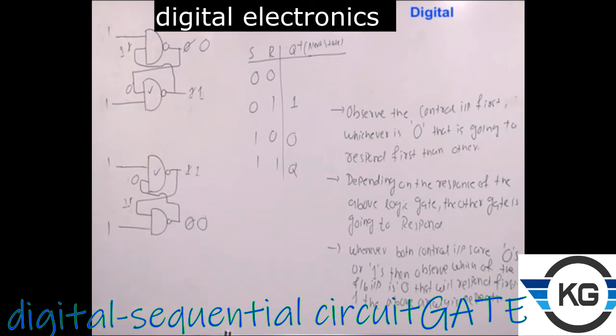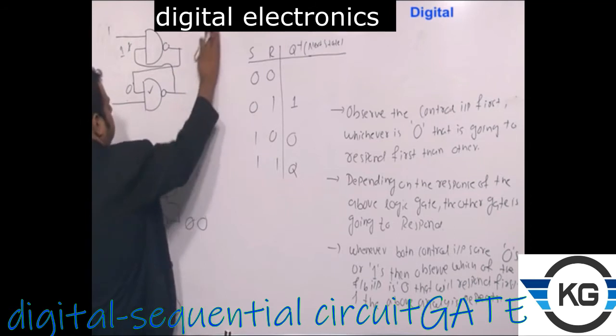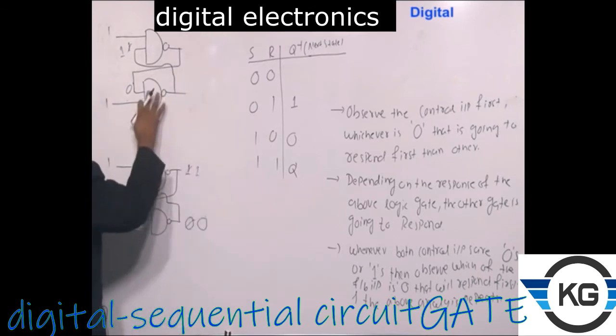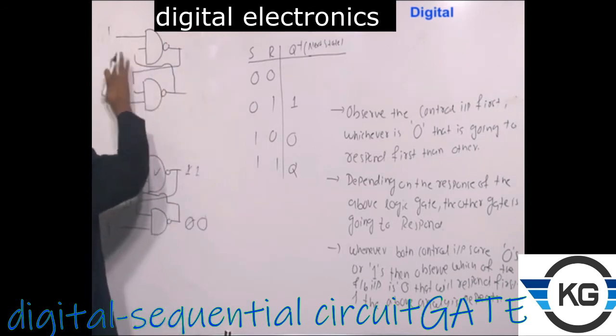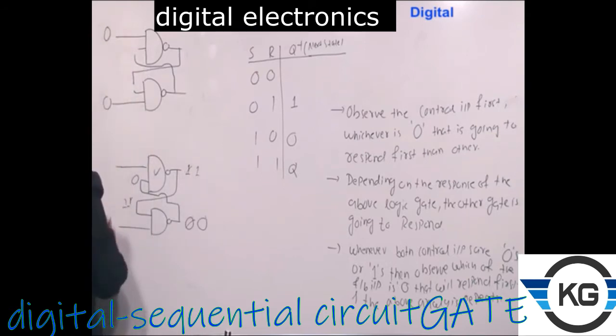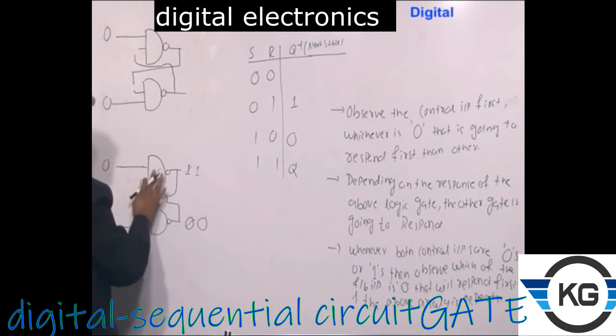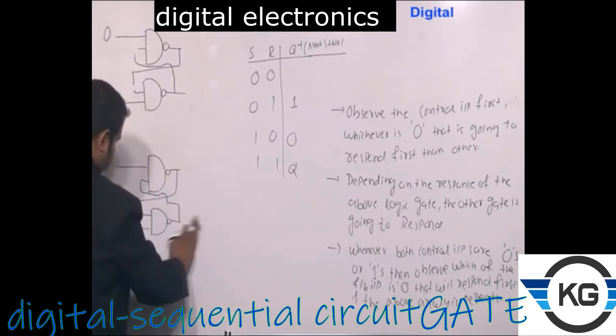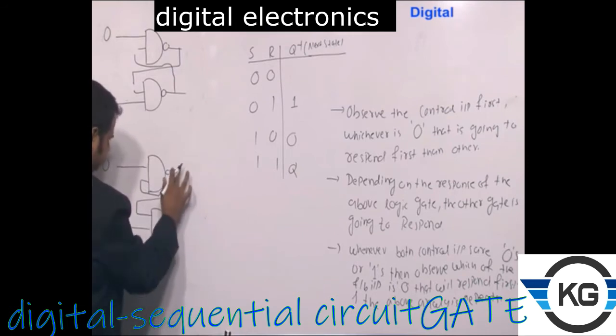Okay. Now let us make use of the 0, 0 condition. 0, 0, again 0, 0. See, if this is understood clearly, then flip-flop is almost over. I am just going to link it.